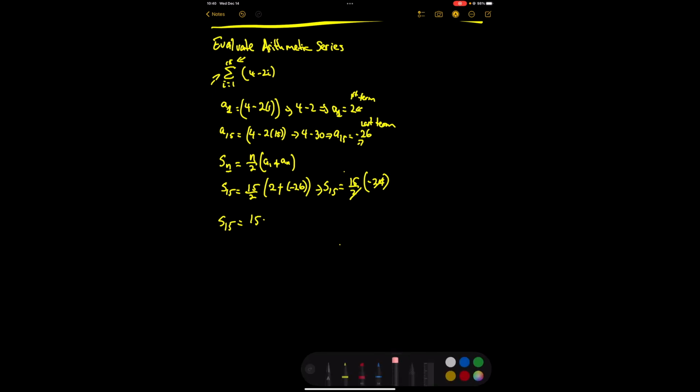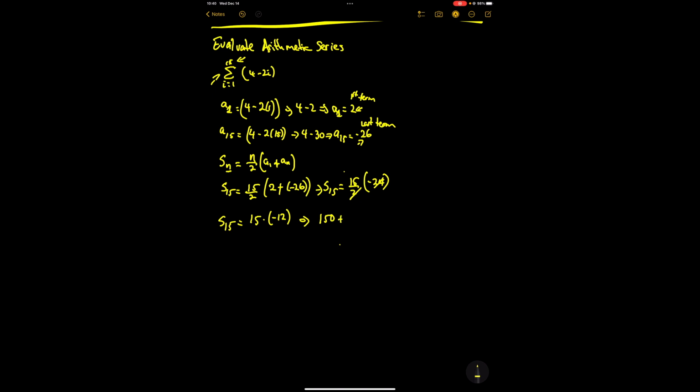15 times negative 12. And so, what is 15 times negative 12? Well, that would be 15 times 10 is 150, plus 2 times 15 is 30. So that means S15 will be equal to negative 180.